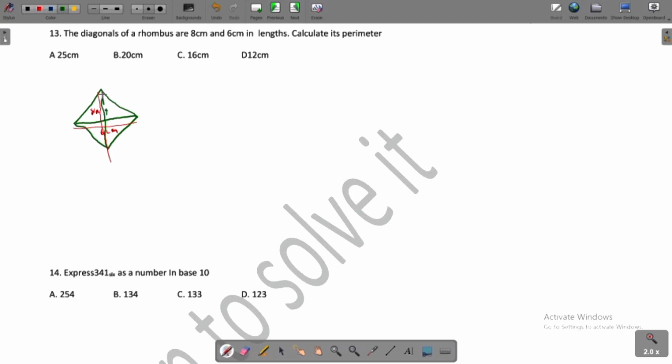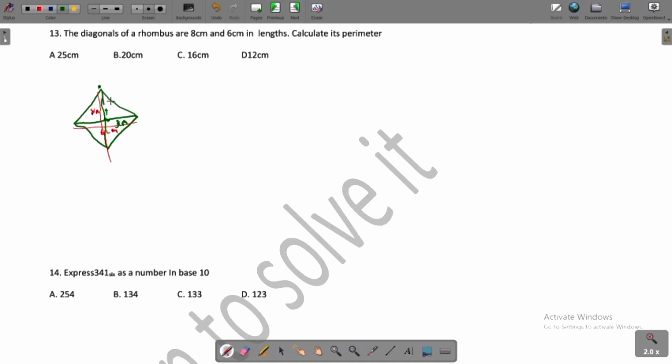That is from here to this point it will be 4. And from here to this point it will be 3 centimeter, because upon intersection, they intercept at the middle. So you have the first one to be 4 and second one to be 3, since they are 8 centimeter and 6 centimeter in size.